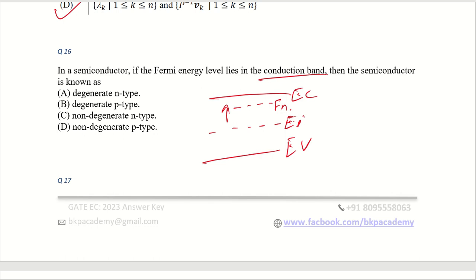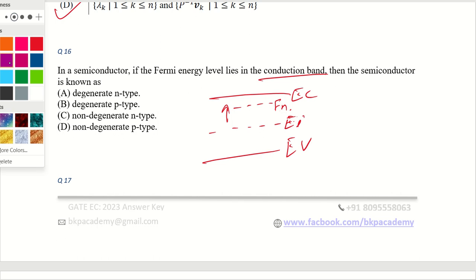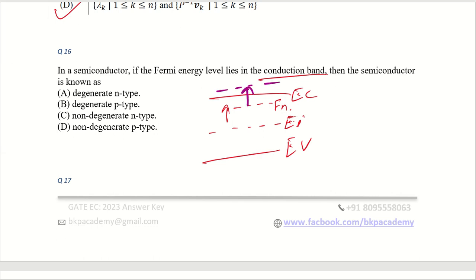So the Fermi level has gone inside the conduction band. So it still makes it n type, but it will be degenerate type. Okay, so it will get degenerated. So the option for this, 16, will be option A. It is still n type but degenerated.